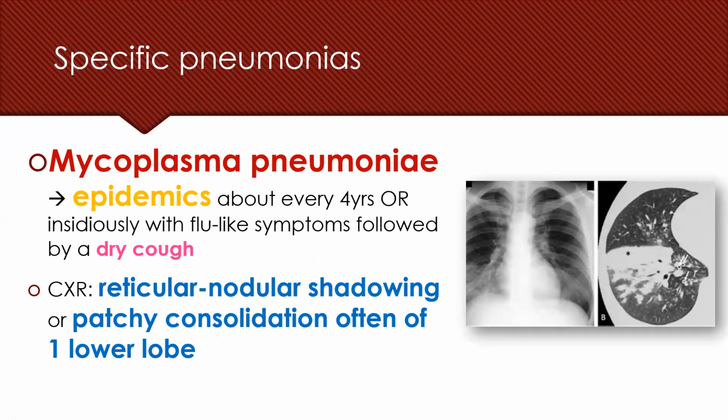Mycoplasma pneumonia, another type of specific pneumonia, usually occurs in epidemics about every 4 years, or sometimes it can occur insidiously with flu-like symptoms followed by a dry cough. The chest X-ray in mycoplasma pneumonia shows reticulonodular shadowing with patchy consolidation, often affecting the lower lobe.